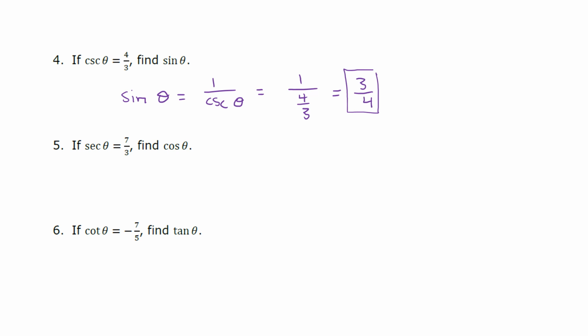Number 5, if secant theta equals 7 over 3, find cosine theta. Well, according to the reciprocal identities, cosine theta equals 1 over secant theta. Secant theta equals 7 over 3. So cosine theta equals 3/7.